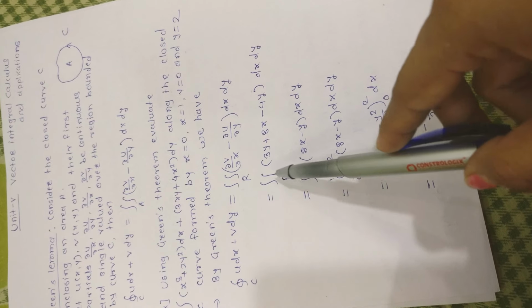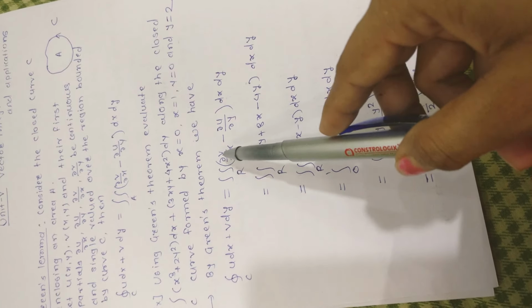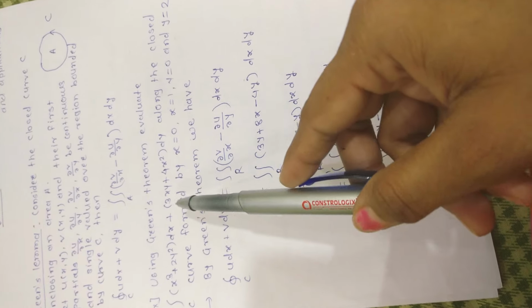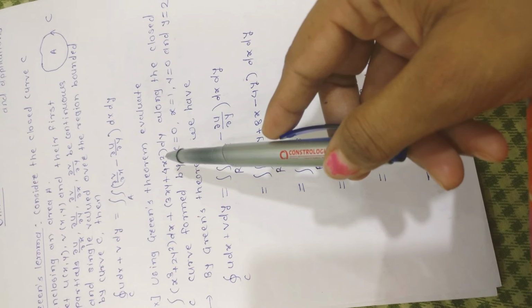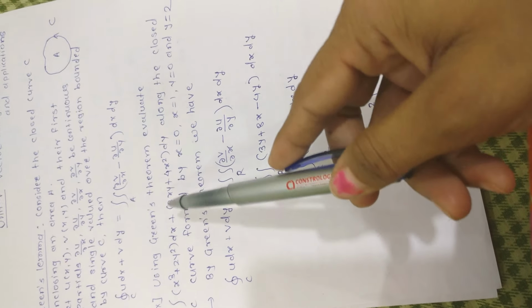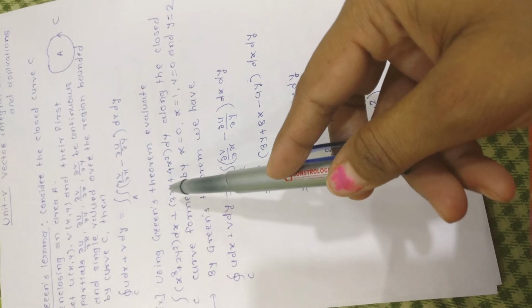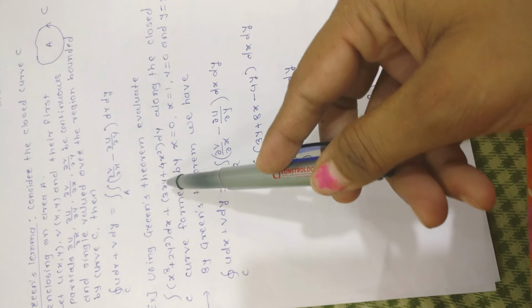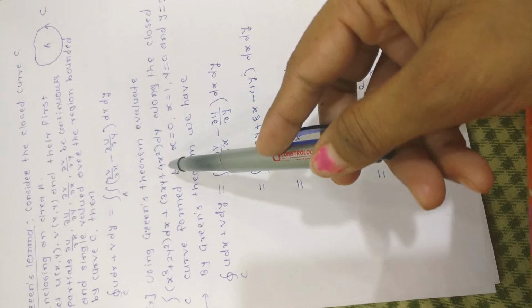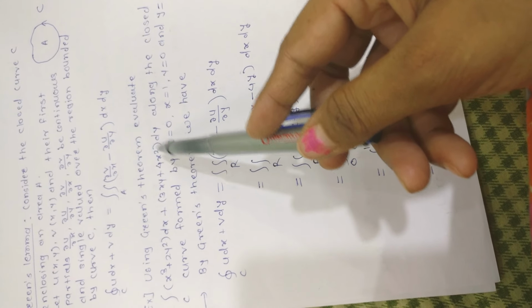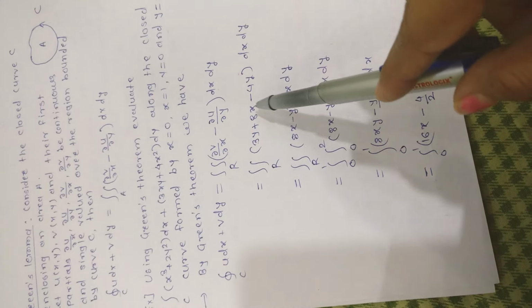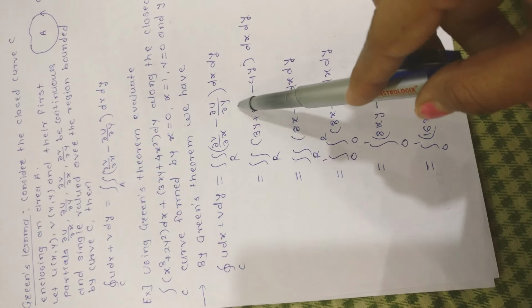That is equal to double integration over R of delta V by delta x, where V is 3xy plus 4x square. Taking derivative with respect to x, the derivative of 3xy is 3y and the derivative of 4x square is 8x. So 3y plus 8x, minus delta U by delta y.